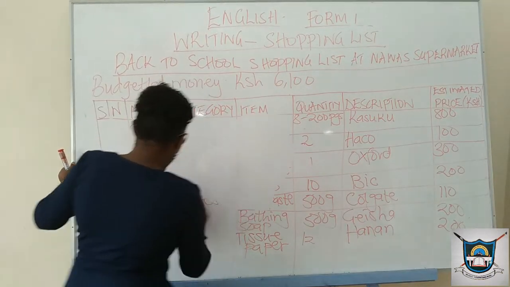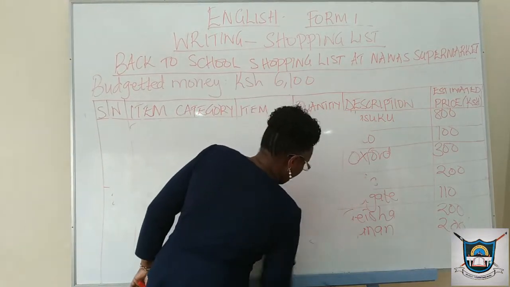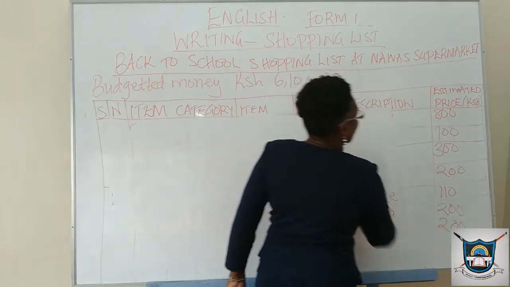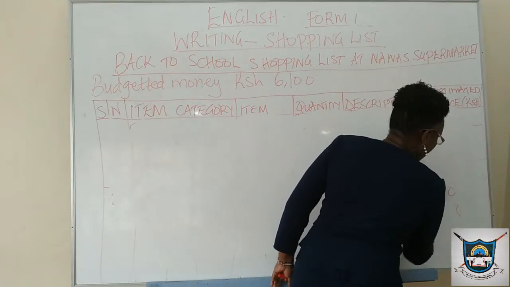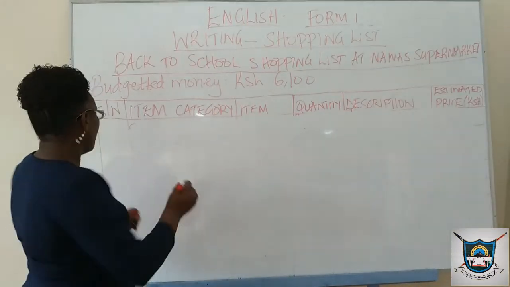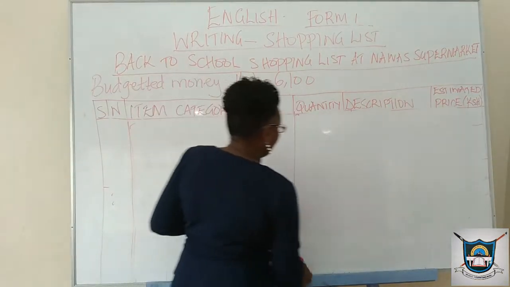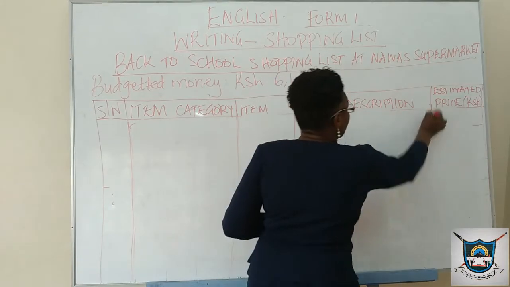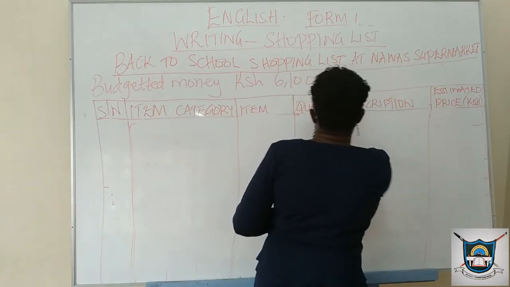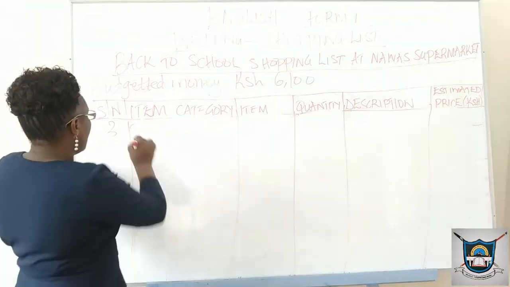Number 3, our next item category, which will be clothing. We are going to buy some clothes.